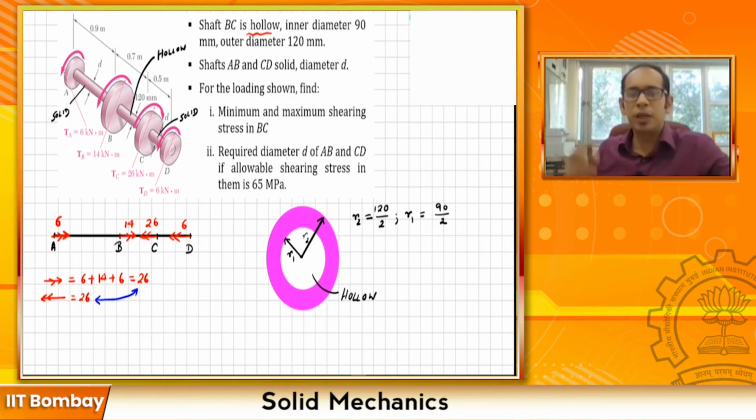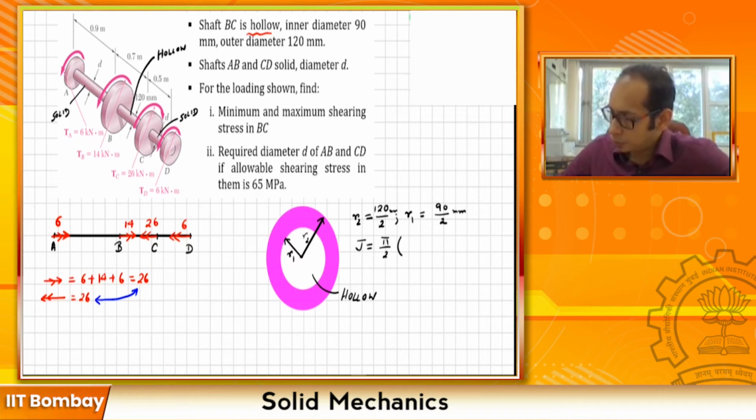Right. So this may also be a good time to calculate the value of J, and remember both of these are in mm because your diameters are also given in mm. This is a good time to calculate the J for the section because we are going to use the J for our calculation. We know that J for this tube is going to be pi over 2 times R2 raised to 4 minus R1 raised to 4.